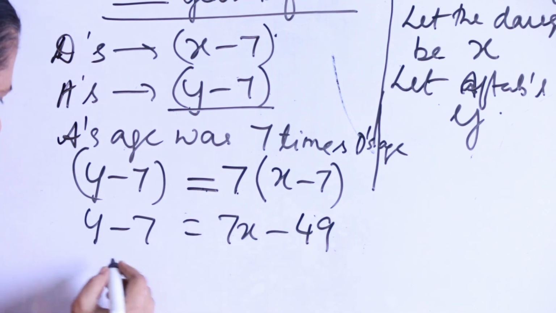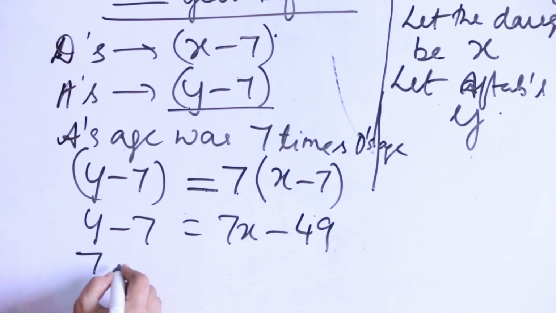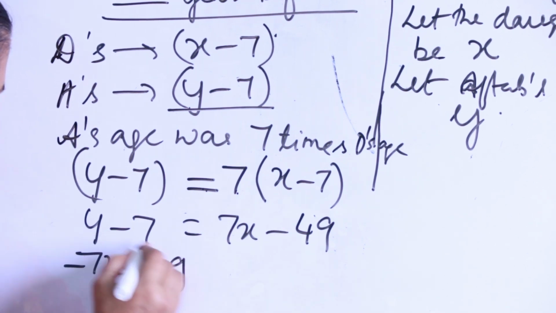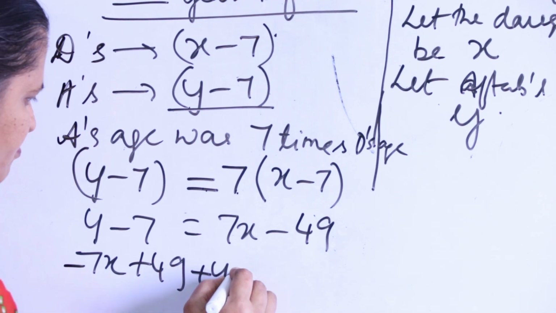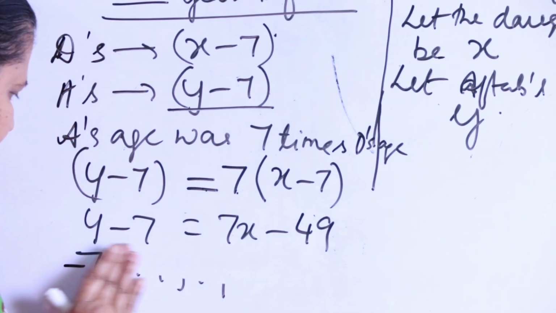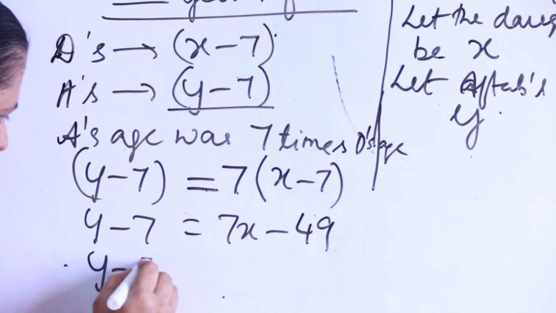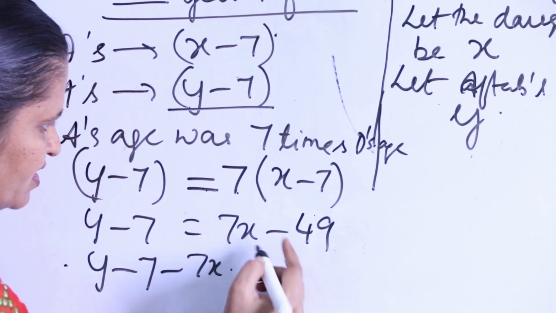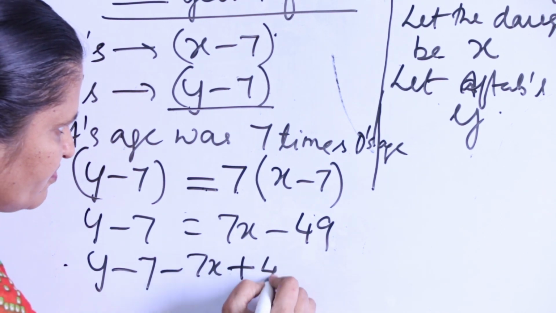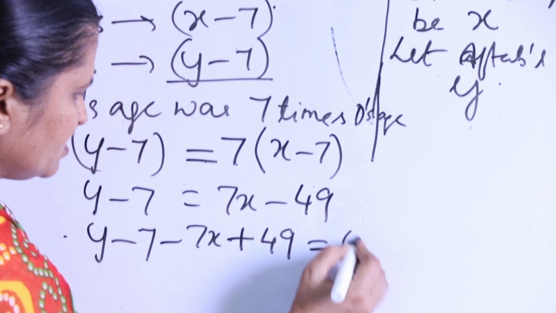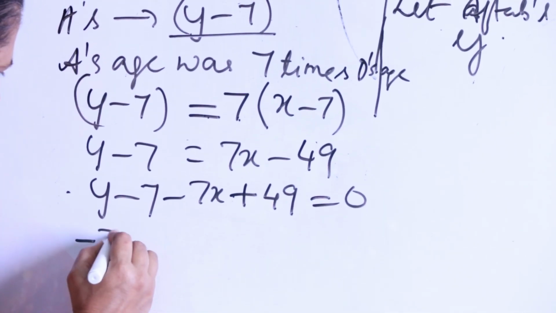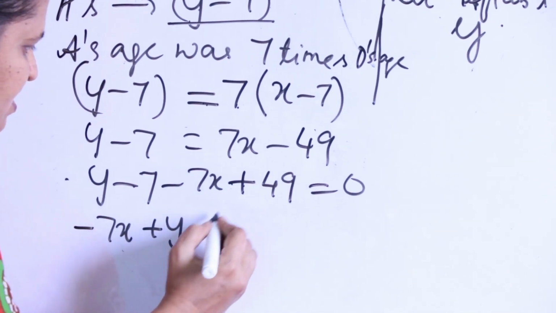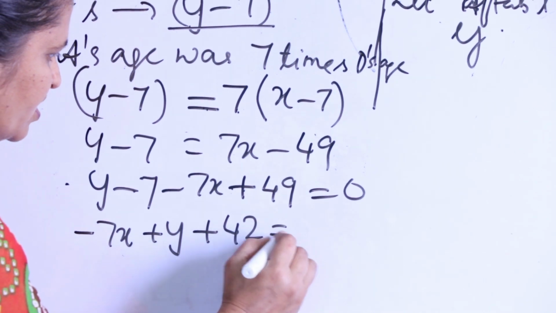Yes, transpose everything to one side and make an equation. Minus 7x plus 49 plus y minus, okay, this may be confusing. First I will write whatever is there on the left hand side. Bring this term by term. Plus 7x will become minus 7x. Minus 49 will become plus 49 equals 0. So what is this now? Minus 7x, this is plus y, this is plus 49 equal 0.